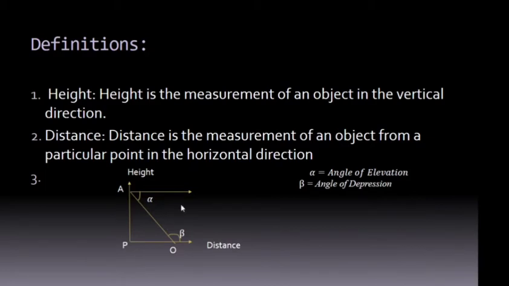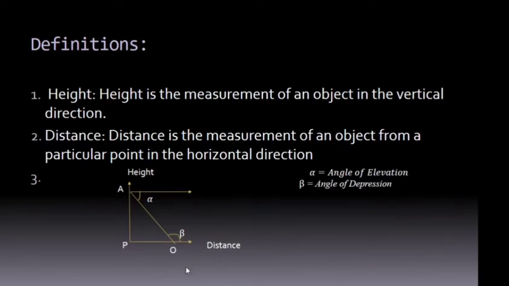Now just have a look at this particular figure. Now let us say AP is the object under consideration. O is the point where the observer is standing. Now the observer at the point O is looking at the object placed at AP.